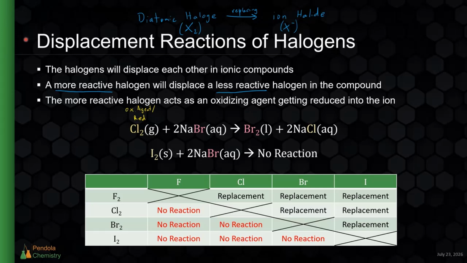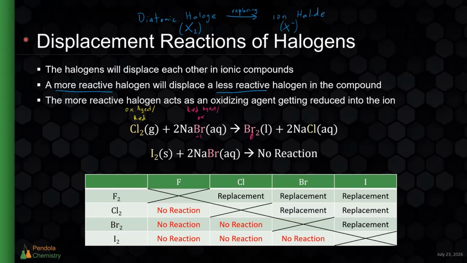Whereas the bromine, which is getting replaced, is going to be the reducing agent, meaning it is getting oxidized. And so that's what we see here. The oxidation number of bromine in sodium bromide is -1, but the bromine here is 0, meaning that its oxidation number is going up, it's getting oxidized.